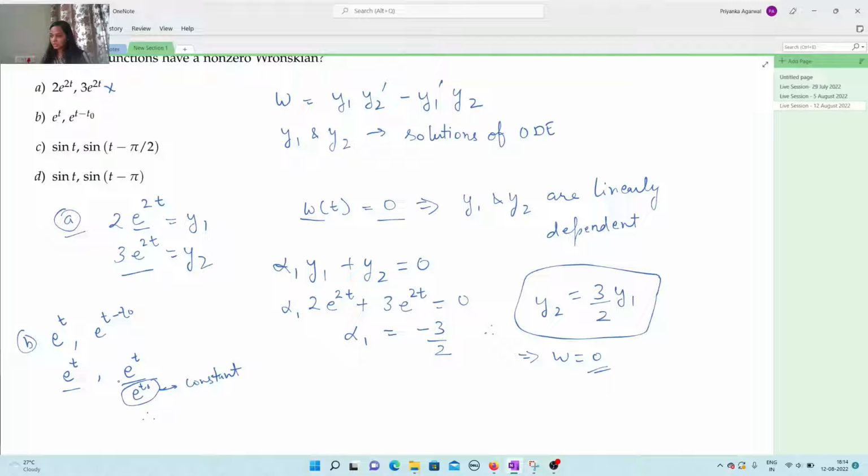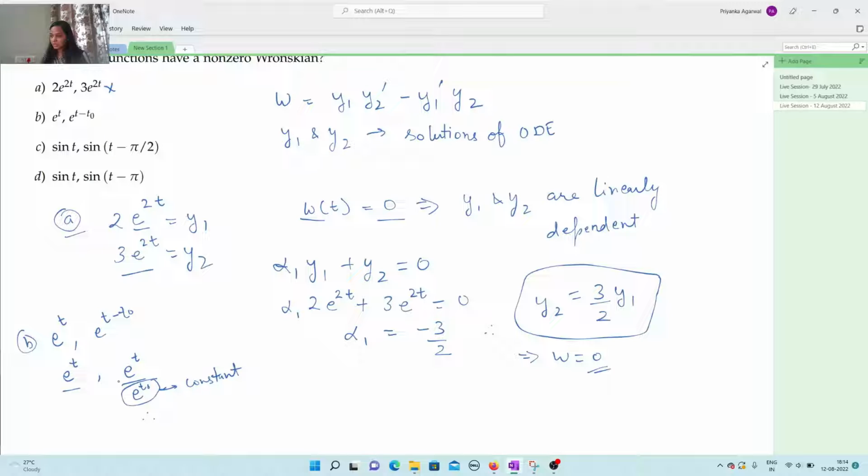It's given that x equals x1(t) and x equals x2(t) are two solutions of a homogeneous linear second order ODE. Now, which of the following functions is generally not a solution? We know from the properties of the solutions that if these two are solutions, then any linear combination of x1 and x2 should be a solution.